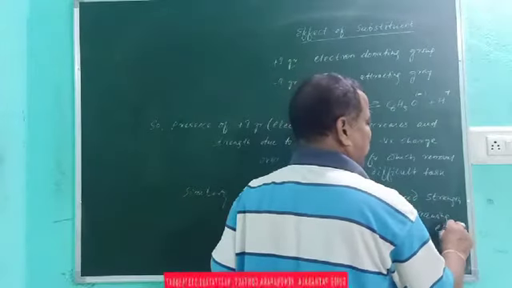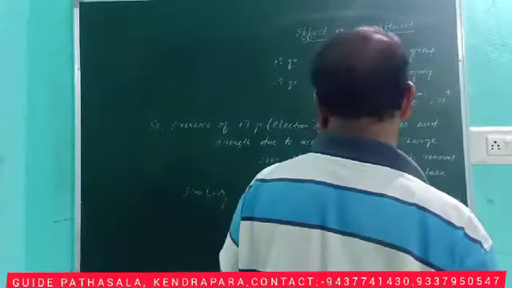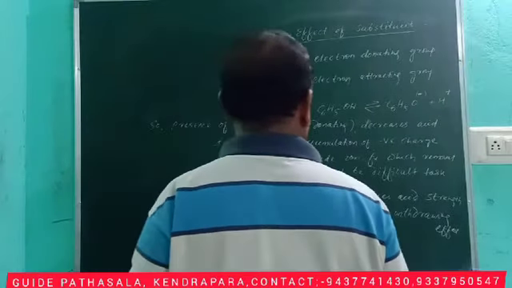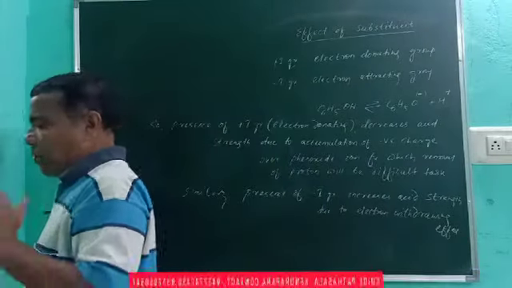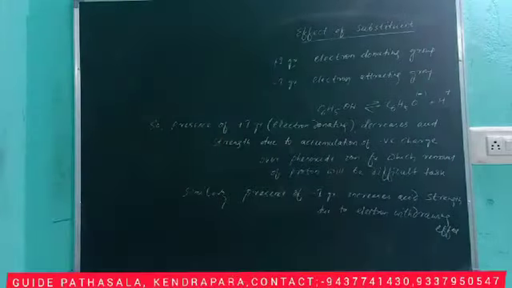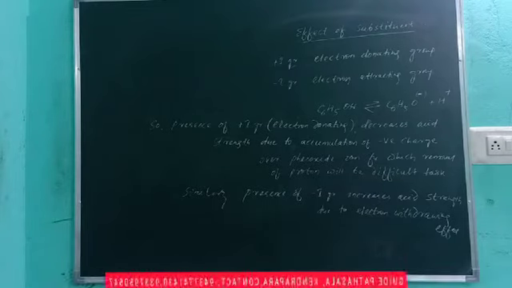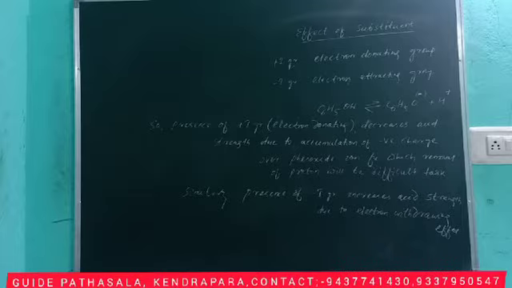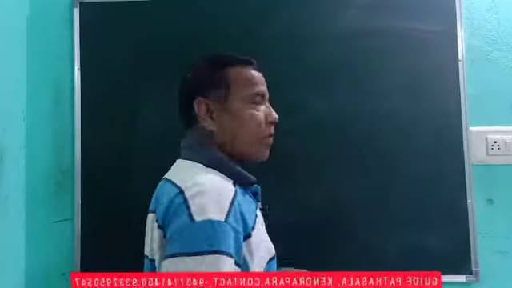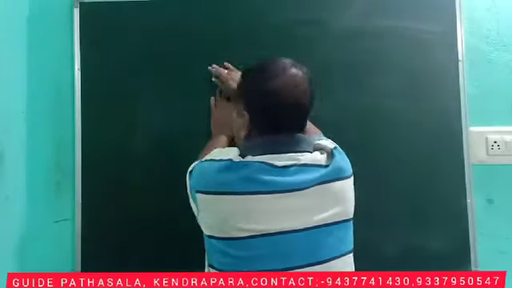So this is about the effect of substituent on phenol. If a phenol molecule contains a plus I group, then its acidic character will decrease. If it contains a minus I group, then its acidic character will increase. Then next, read the esterification reaction.